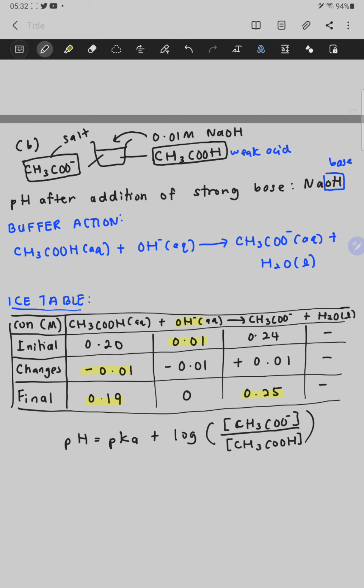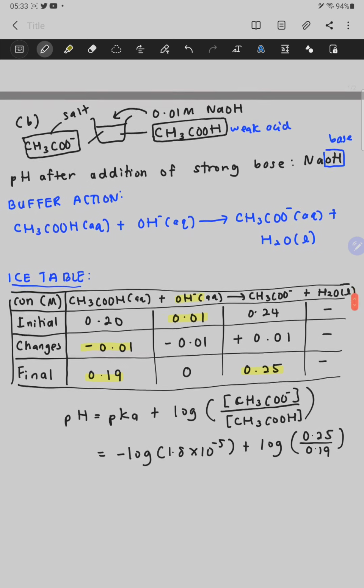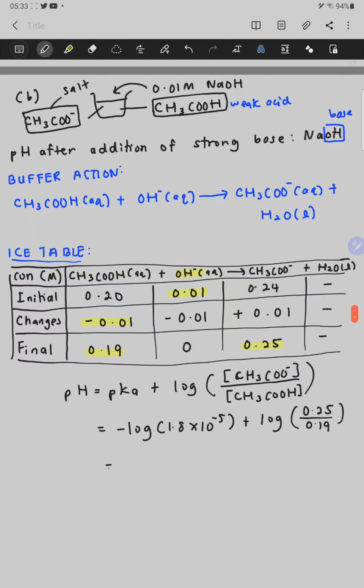For buffer action we no longer include the salt, because we know the salt has fully dissociated to produce CH3COO-. So we put in the values we calculated: negative log of pKa 1.8 times 10 to the power negative 5, plus log of concentration of conjugate base at final state, 0.25 molar, over concentration of weak acid at final state, 0.19 molar. When you press the calculator, you will get 4.86.